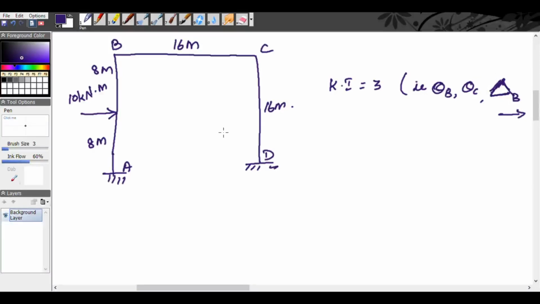So as usual you can proceed, find the fixed end moments and find the R matrix, right? So you will get the R matrix here as 5, minus 20 and 0. This 5 is related to the sway, 20 will be related to theta B, and 0 is related to theta C. Okay.